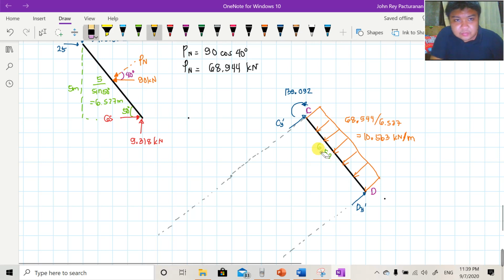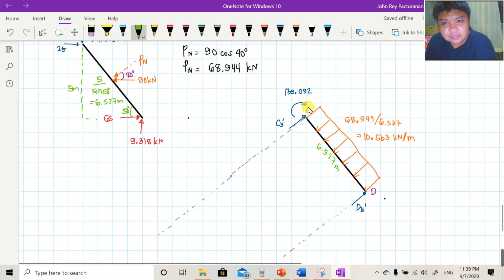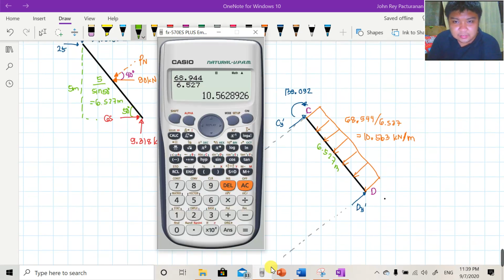Sige. Pag nag-take tayo ng moment sa C, ang mangyayari, 139.092 plus 10.563 times 6.527 times 6.527 over 2. Mag-take ka ng moment sa C para mahanap mo yung DY.